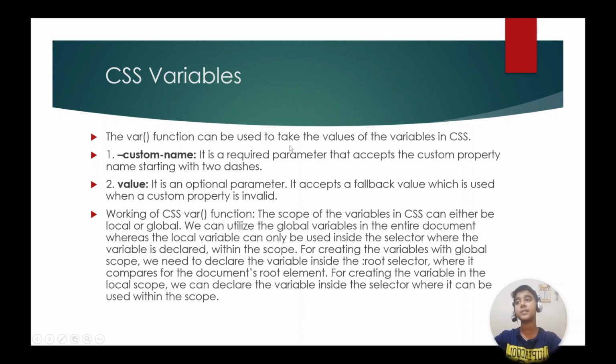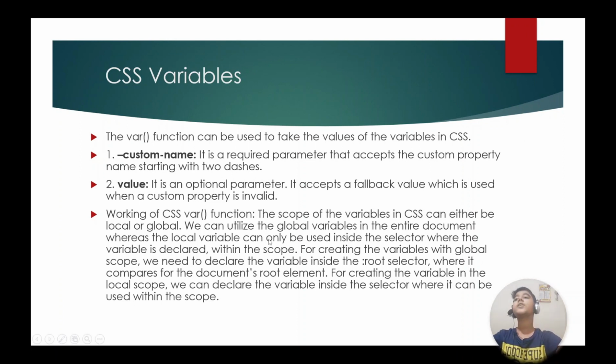First is the custom name, and it is a required parameter that accepts the custom property name starting with two dashes, like dash dash Saksham or dash dash Kartik and dash dash David, etc. And second, the value. It is an optional parameter. It accepts a fallback value which is used when a custom property is invalid.